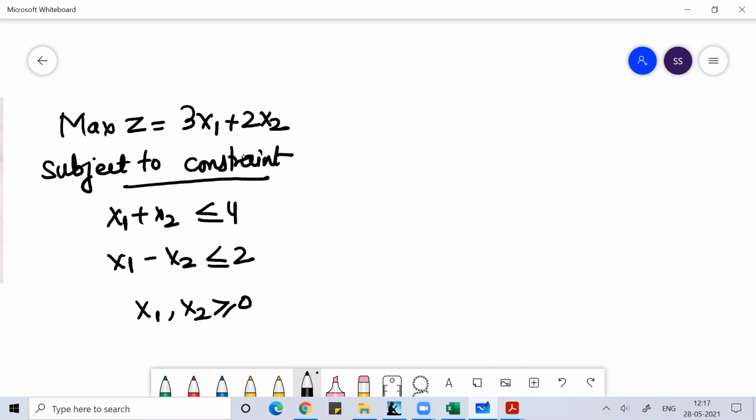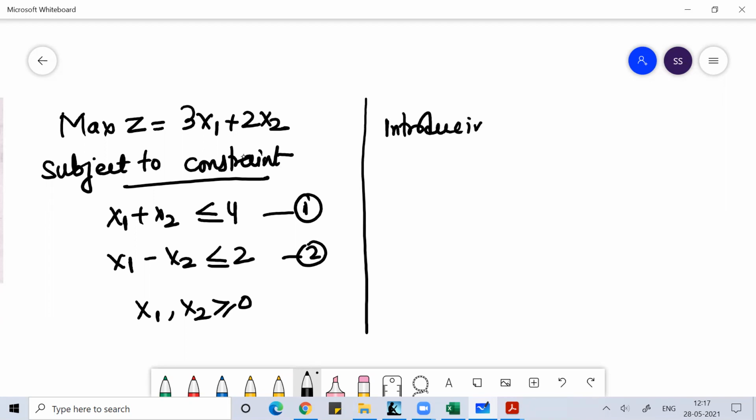So look into the number of constraints, how many constraints you have. Based on the constraints, you will introduce slack variables, or we call them dummy variables.